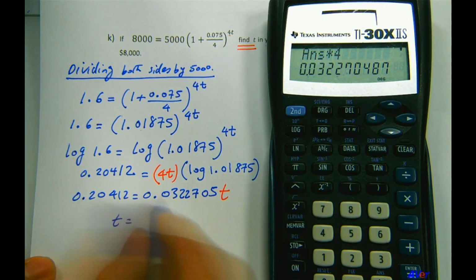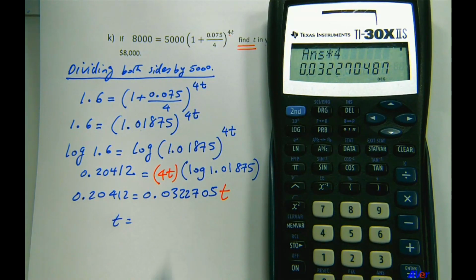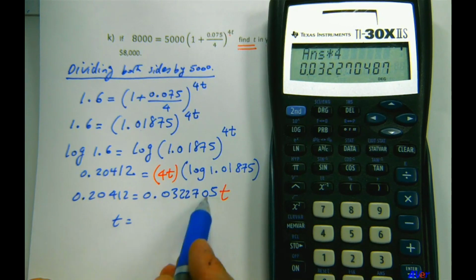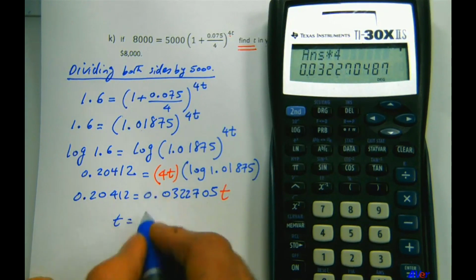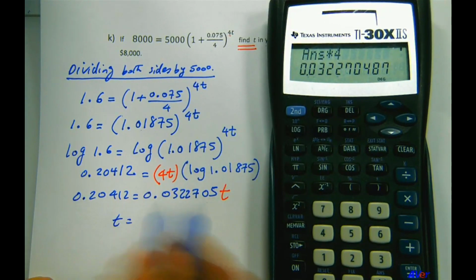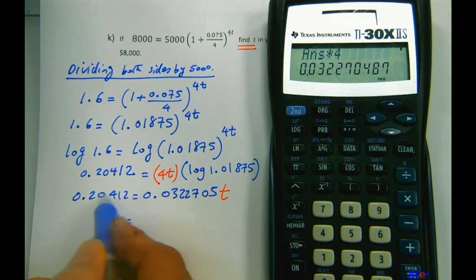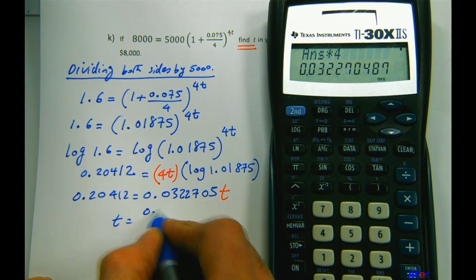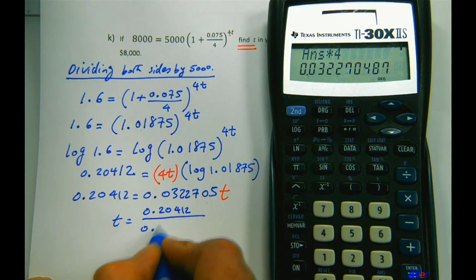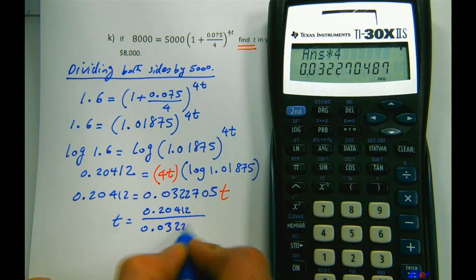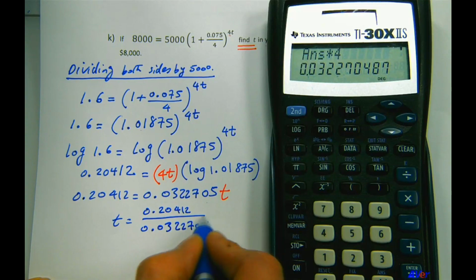is simply, we need one more step to isolate t, right? We need to get rid of this number that is next to it. So divide both sides by that. On the right we end up with t. On the left we have 0.20412 divided by 0.0322705.